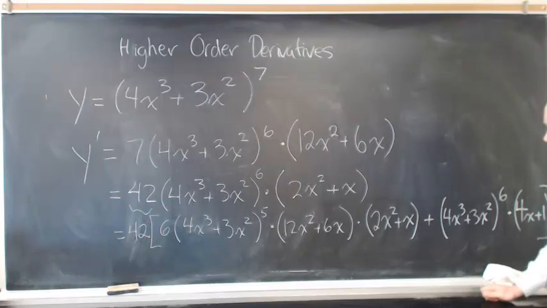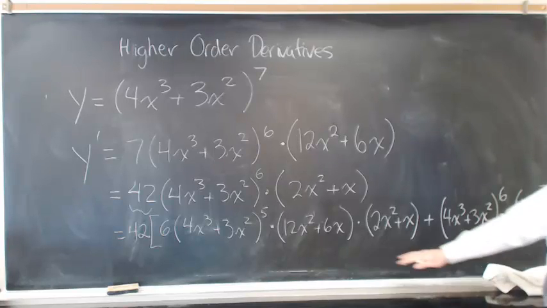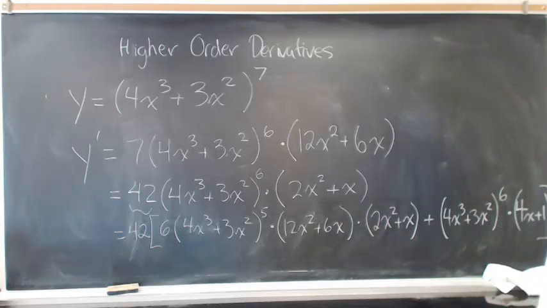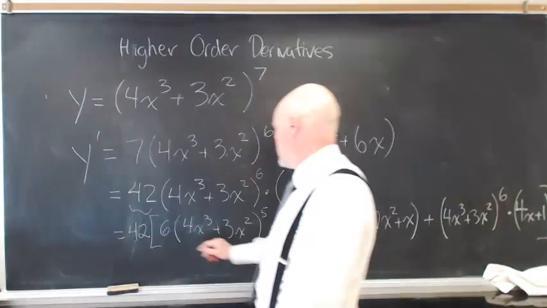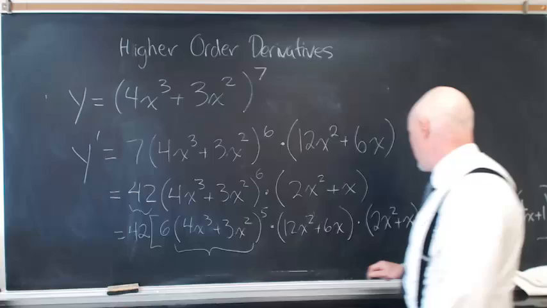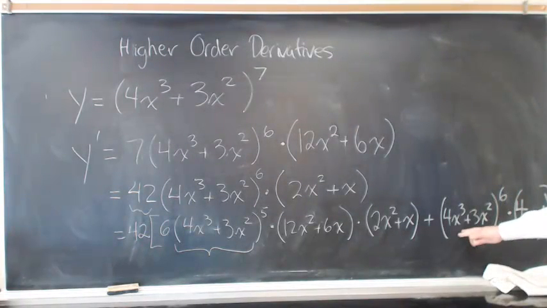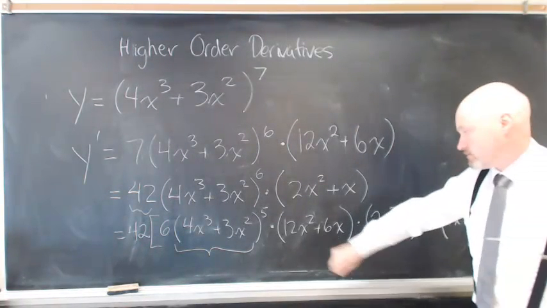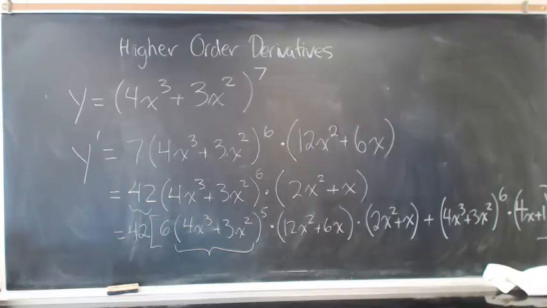It's pretty cool. Okay, so that's the second derivative, unsimplified. And we can factor a whole bunch of things out of this. We can actually factor out 4x cubed plus 3x squared to the exponent of 5 out of both of these. So that was 6, not 6.